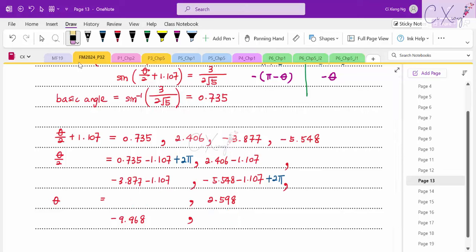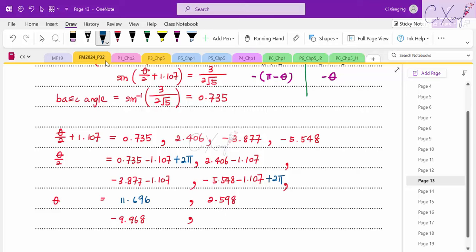So 0.735 minus 1.107 plus 2 pi. After that you multiply with 2. From here, you'll get 11.696. Then for the last part, you're having negative 5.548 minus 1.107, then plus 2 pi.